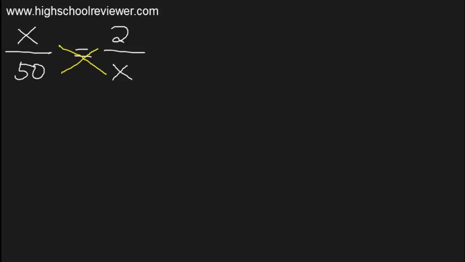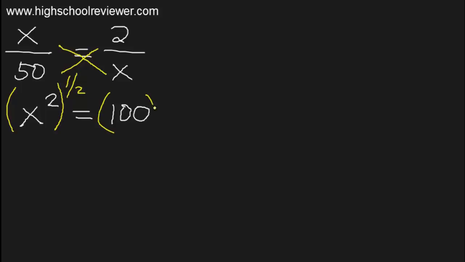So this means that x will be multiplied by x, so this will give us x squared. And 50 multiplied by 2, this will give us 100. So to solve for x, we need to extract the square roots. So to extract the square roots, we are going to raise both sides of the equation by 1 over 2.